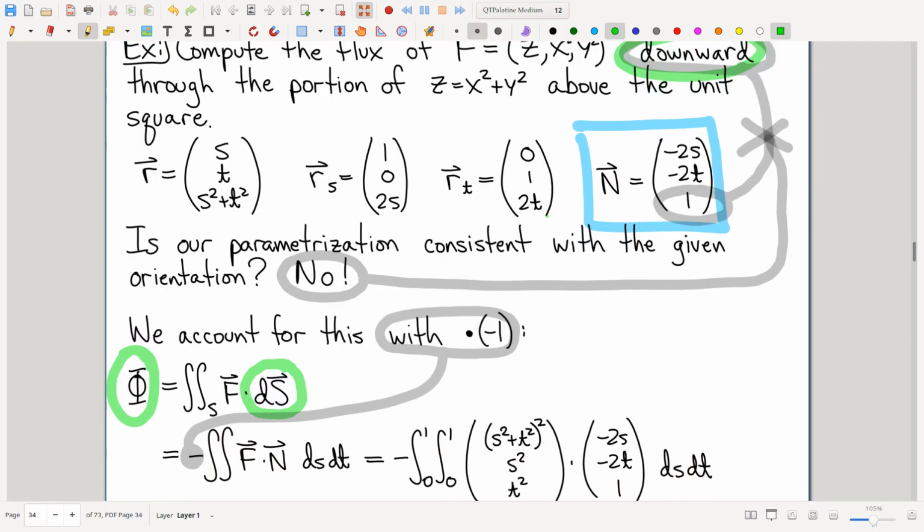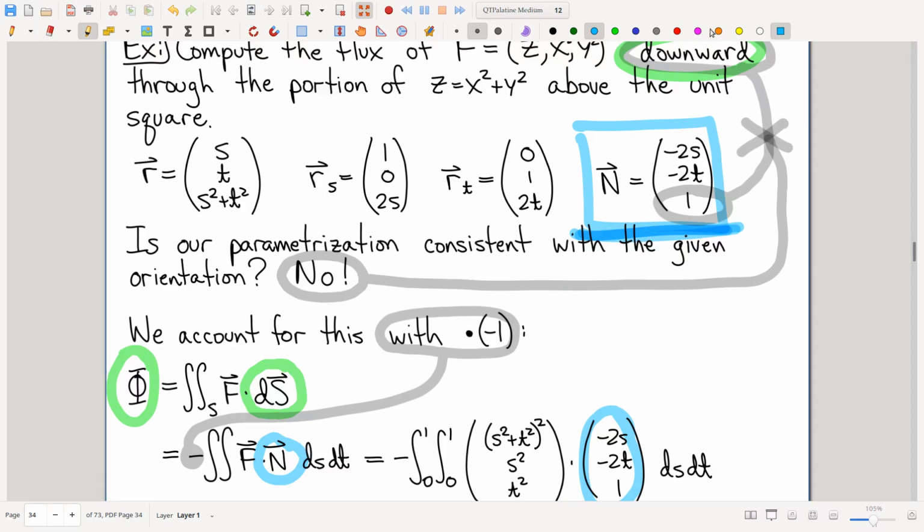And where we get the switch is when I start writing in terms of capital N. That has the wrong orientation. And likewise, the formula that I computed for N has the wrong orientation. So where do I insert the minus sign?